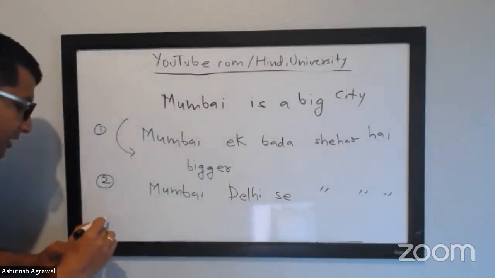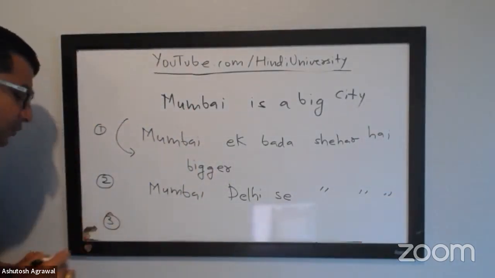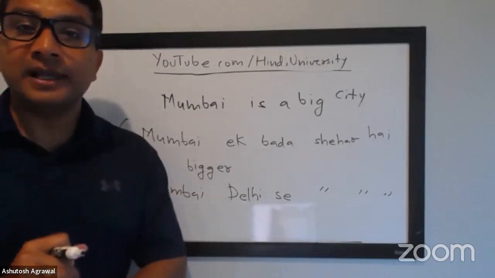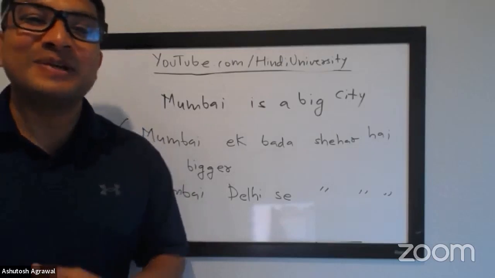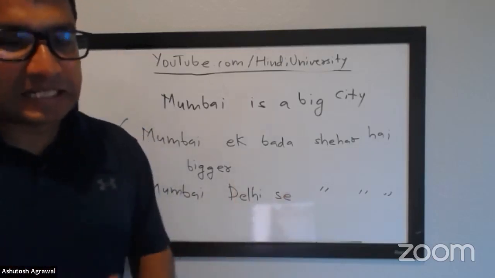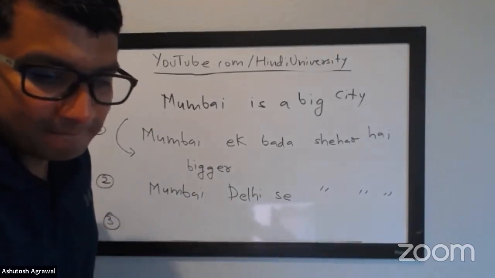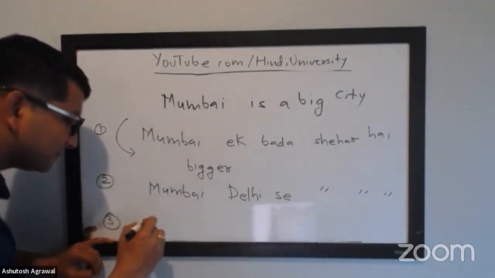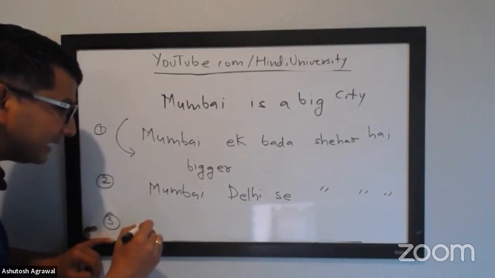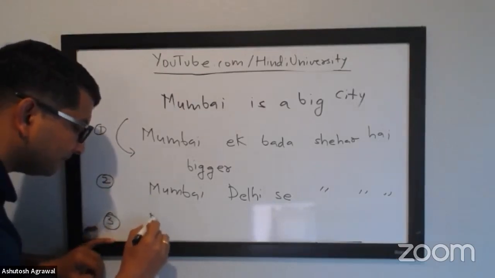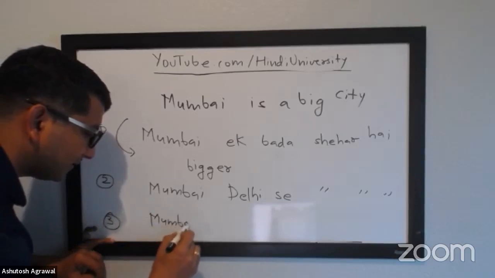Okay. Now let's do the superlative form. You want to say Mumbai, and again, I don't really know, but it's the biggest city in India. How would you say that? मुंबई सबसे बड़ा शहर है. Okay, you want to say in India. इंडिया में मुंबई सबसे बड़ा शहर है.